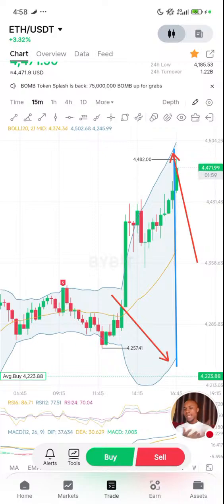So the earlier stakers, the people that staked earlier, are now getting ready to take off from the market, which means once the earlier stakers, who boosted the market to go up, eventually take their money from the market, definitely this market is going to collapse.